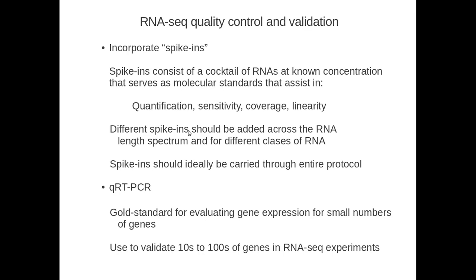Ideally these spike-ins are added early on in your experiment. They span the full length spectrum because, as I pointed out, length of molecules has presented some challenges to RNA-seq analysis, and they should consist of different classes of RNA, including mRNAs, long non-coding RNAs, or other RNAs that might be in your transcript pool.